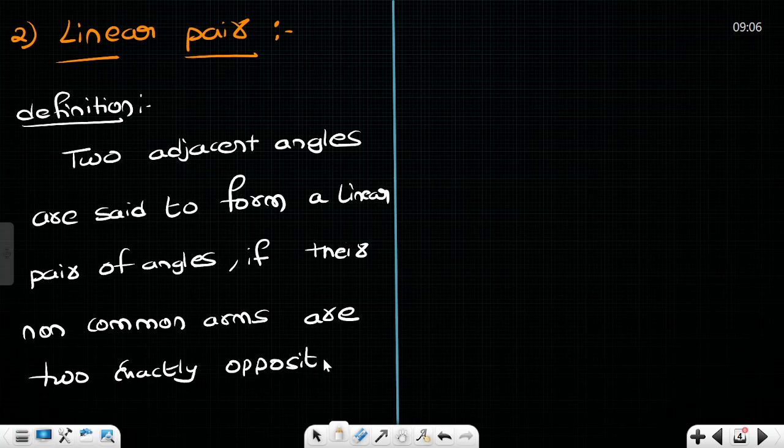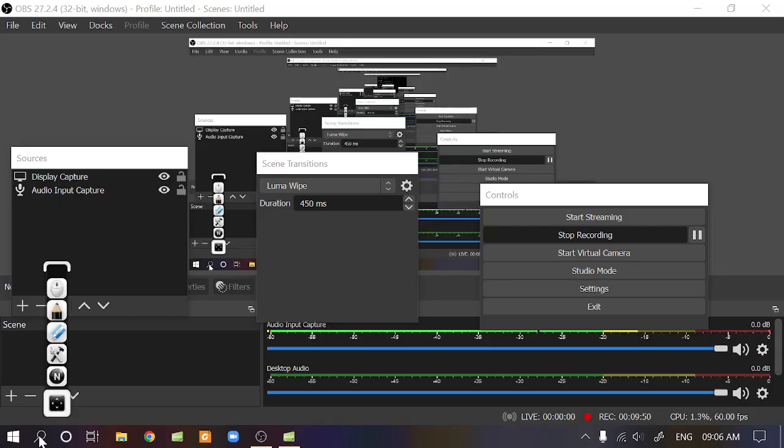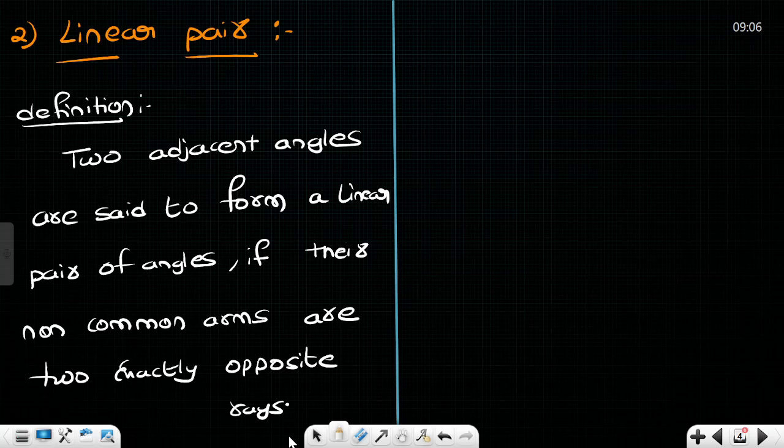Let me check whether the recording is happening properly. Yeah, it is happening. Two adjacent angles are said to form a linear pair of angles if their non-common arms are two exactly opposite rays.